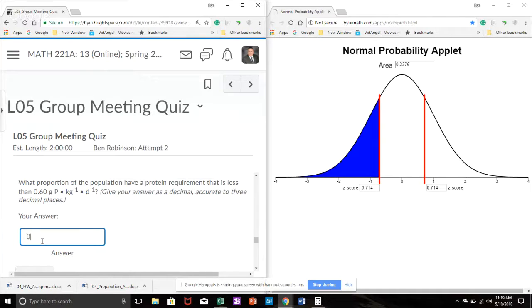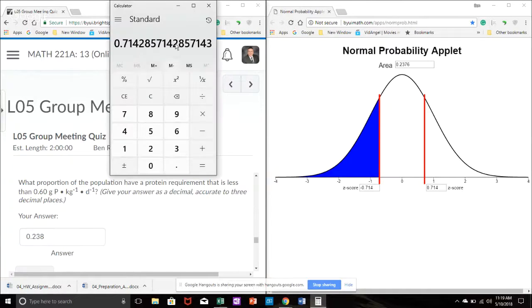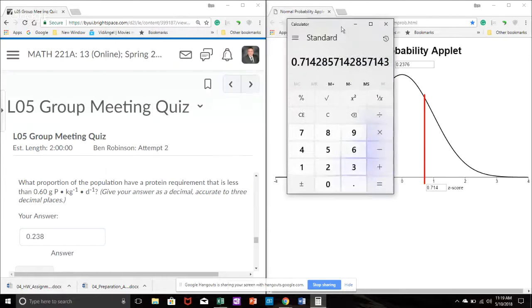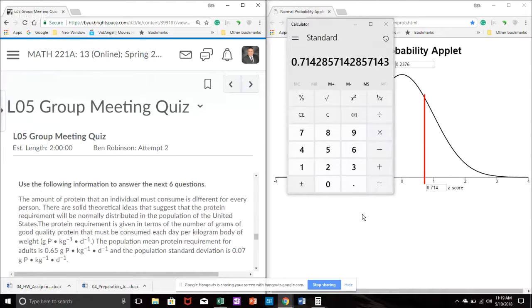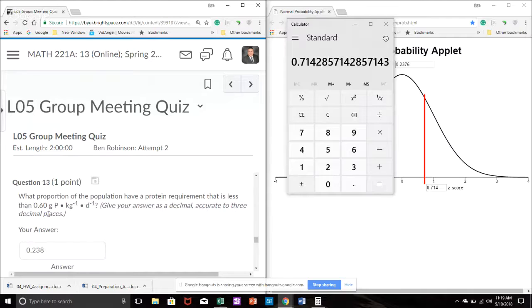Can you please explain it again? How did you do that? Sure. From up here, we know the z-score is how many standard deviations it is, right? So a 1 z-score is 0.07. That would be a 1 z-score if it was off by 0.07, but we know that it only needs to be off by 0.05, because the mean is 0.65, and down here it asks us what's less than 0.60.